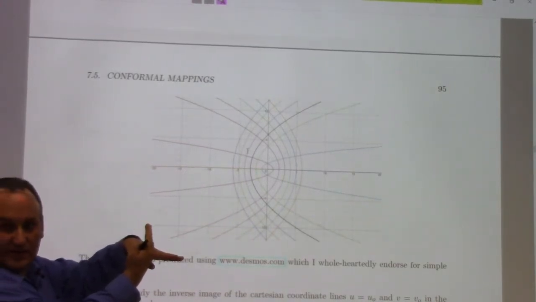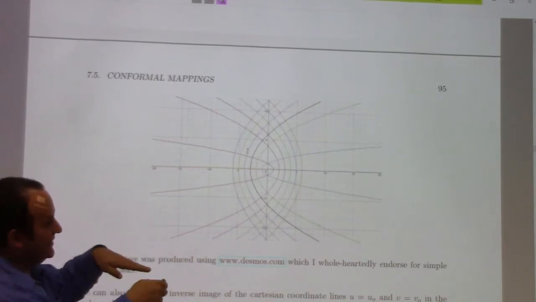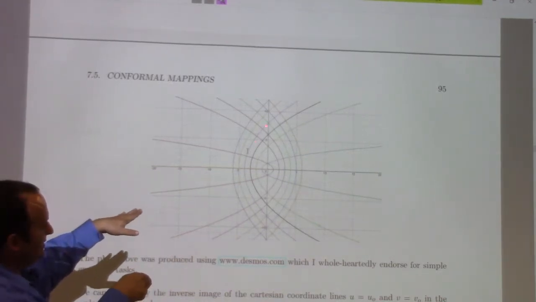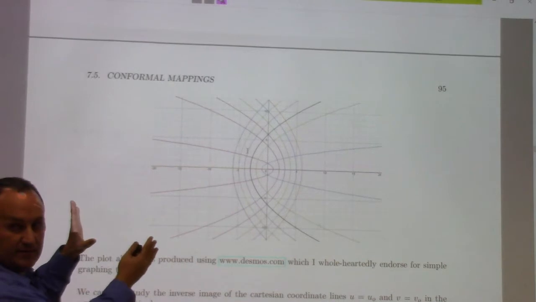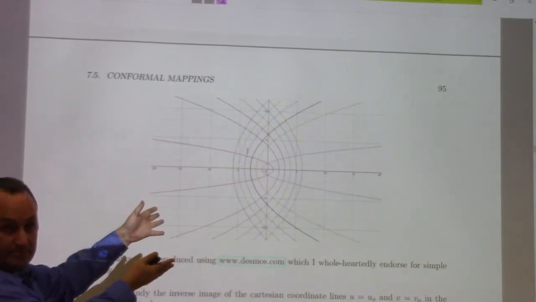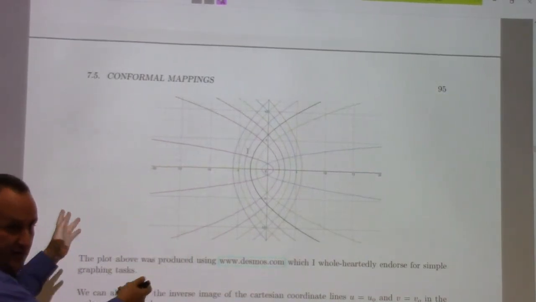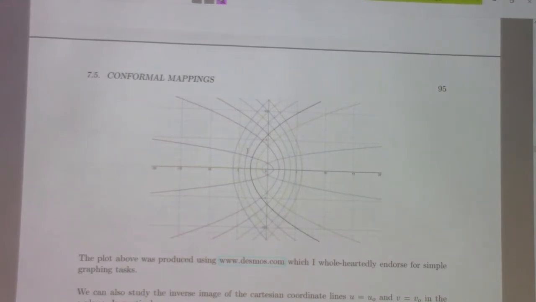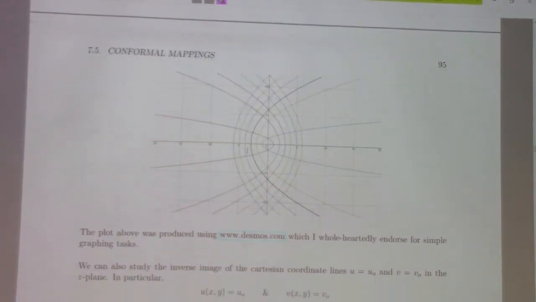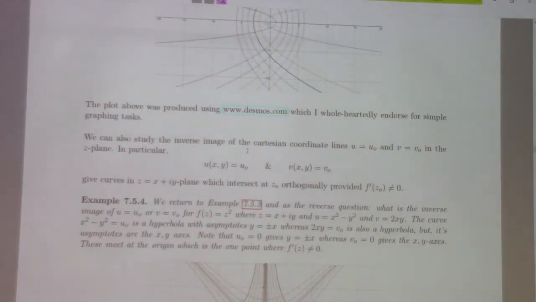And as you can see, the image of those gives these parabolas, which also meet at 90 degrees in the uv plane, the w equals uv plane. So there's that conformality. That, by the way, is actually a link to this. You can click on that and play with that yourself, copy it, do whatever.